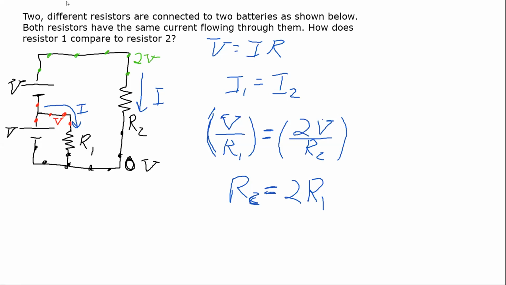I usually like to choose my 0 voltage to be right before I get into my batteries. So I'm choosing this to be 0 volts, which means all this wire is going to be 0 volts, because one of the things we talked about with conductors is that if conductors are connected together, they're going to have the same voltage. That's something we talked about a little while back.